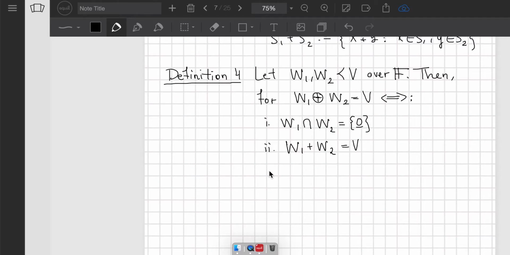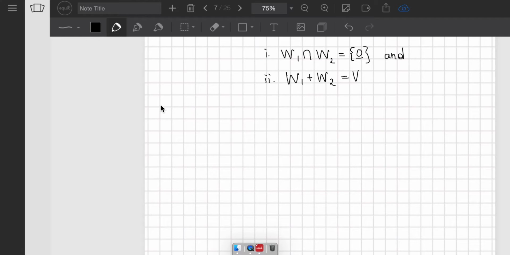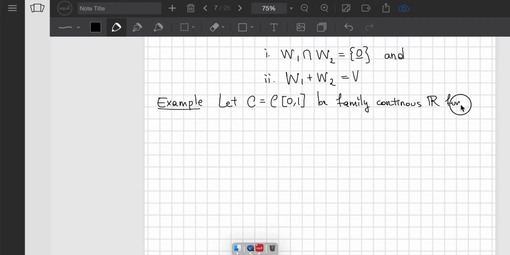Okay, so now we can use this to solve an exercise. So let C[0,1] be the family of continuous real-valued functions.